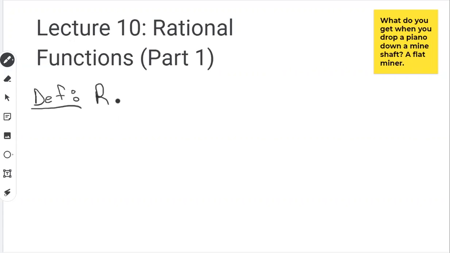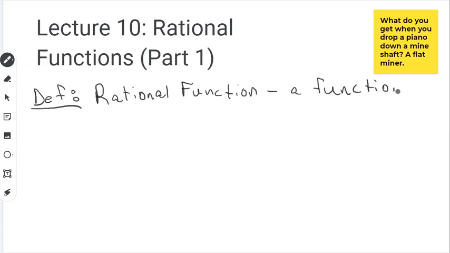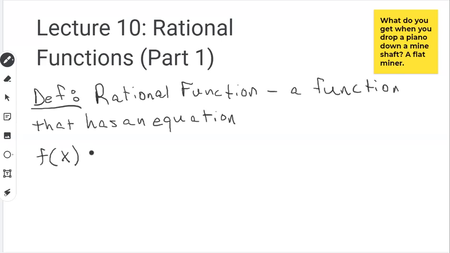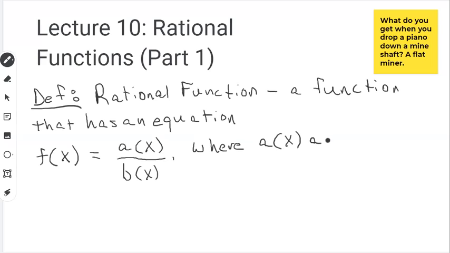Definition: rational function. Okay, a rational function is a function that has an equation of f of x equals a of x divided by b of x, where a of x and b of x are polynomials.